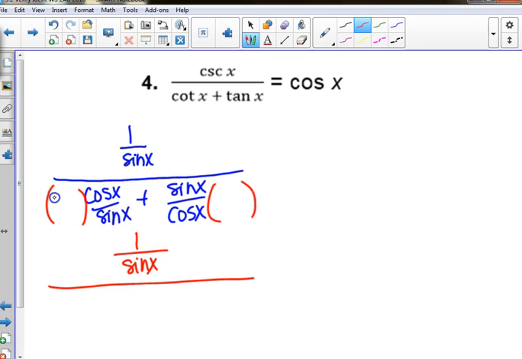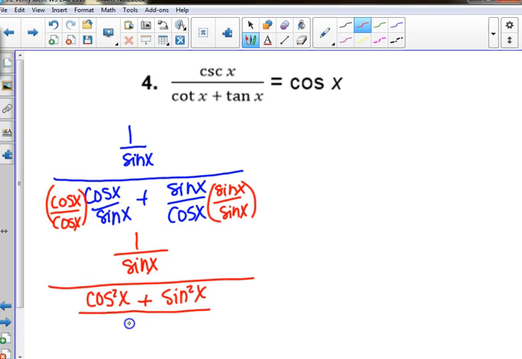This one I got to multiply by what? Cosine over cosine. And this one I got to multiply by sine over sine. So I get what? All over a sine times cosine or cosine times sine. It doesn't matter what order you write it in. It's multiplication.